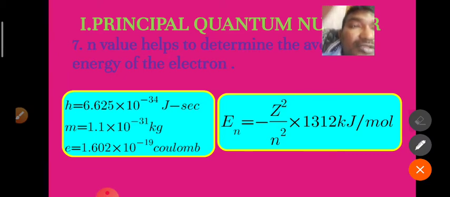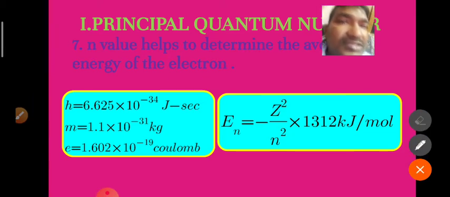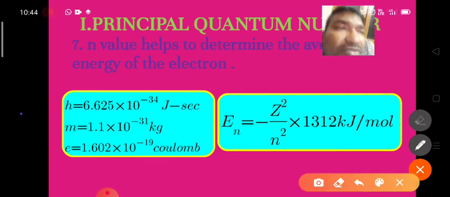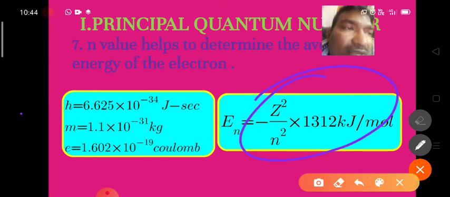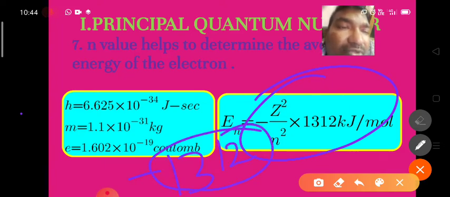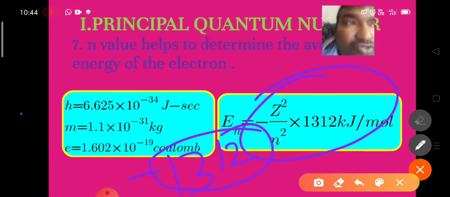By this equation, we are able to calculate the energy of the electron in the 1s orbital of hydrogen, that is 1312 kilojoule per mole.